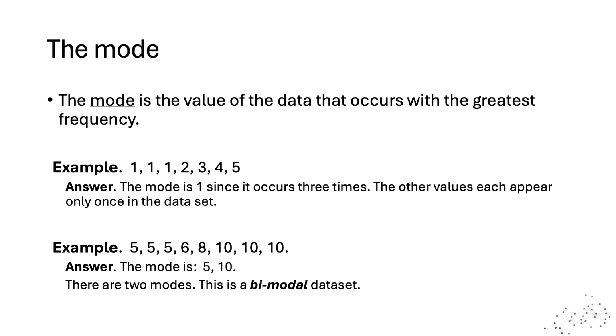So then the mode will be 1. Sometimes we might have a case in which 2 data points occur frequently and their frequency is equal. In such a case, we call it bimodal. In this example, 5 and 10 are the modes of this given sequence.